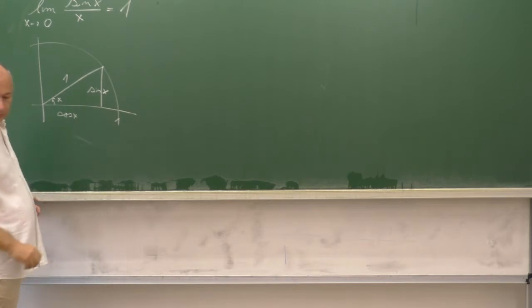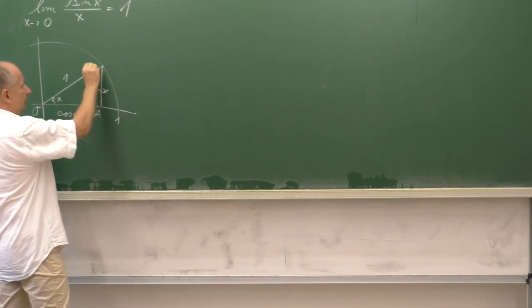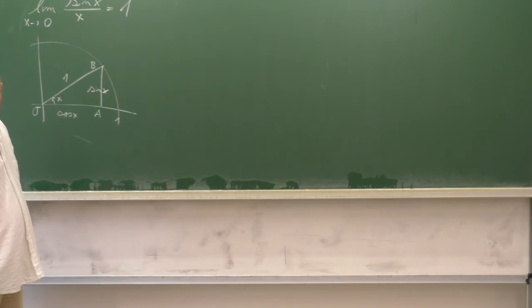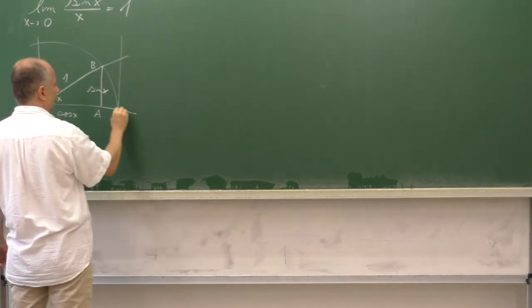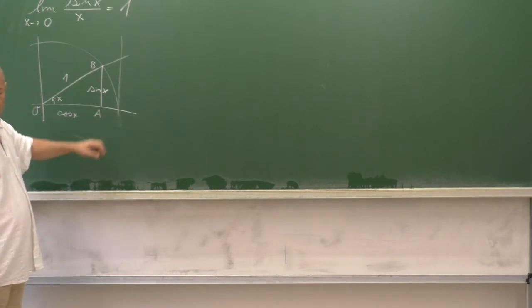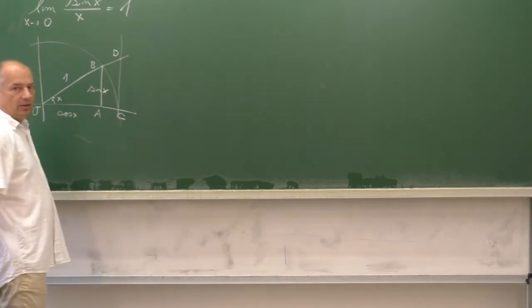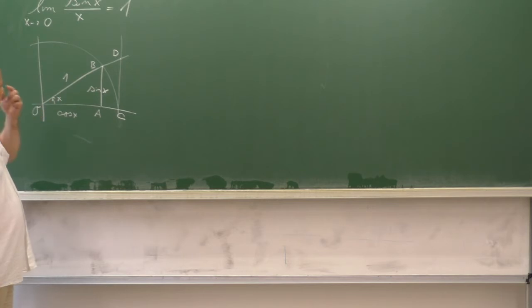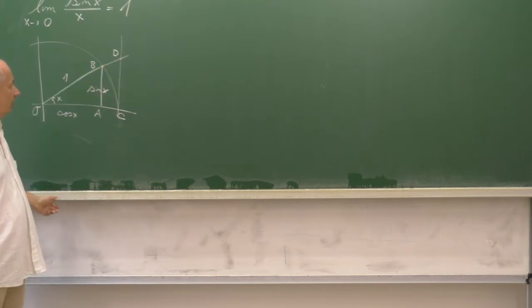First, this triangle, if we denote the points O as origin, A and B, and then we consider a vertical line at the point (1, 0), and this point will be called C, and this point will be denoted capital T. Then we have these 3 regions: this triangle, this segment of the circle, and this large triangle.